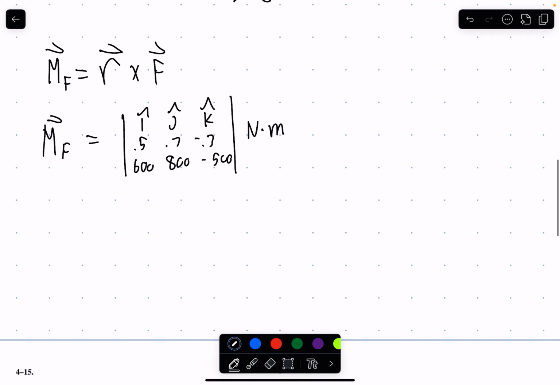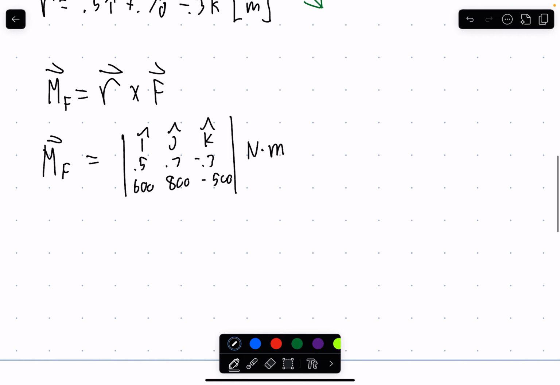So we're going to use cofactor expansion to solve this one. Very simply, I'm going to take the cross product. For the i direction, I'm going to ignore the row and column i is in, multiply these two values, and subtract the product of these two values.